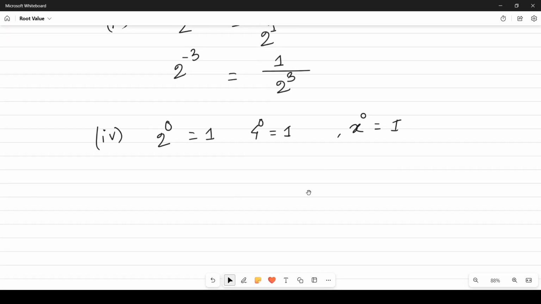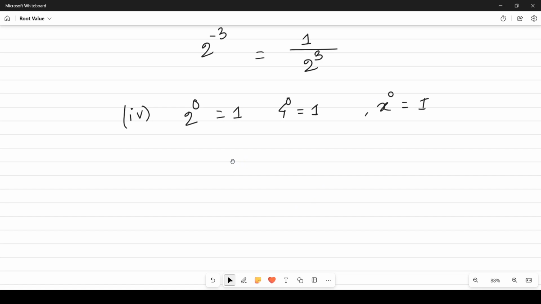So what does 2 to the power 0 actually mean? 2 to the power 0 means 2 to the power 1 divided by 2 to the power 1. So we get 2 to the power 1 minus 1. But what do we get actually here?